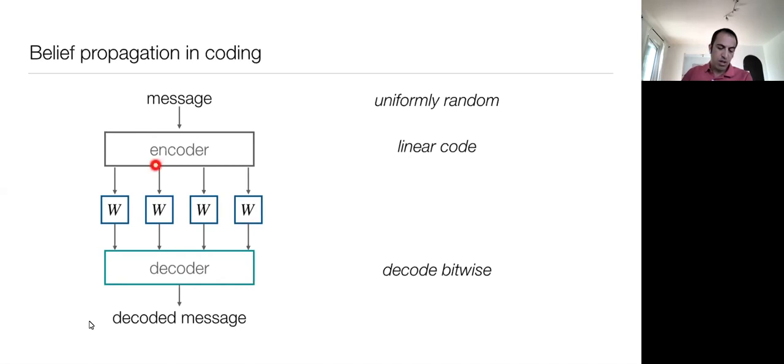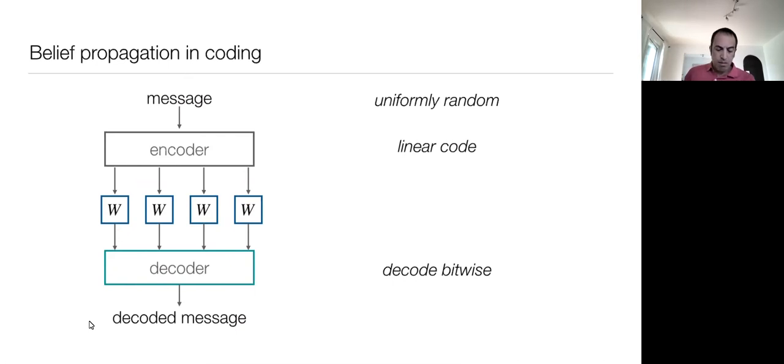So we have some encoding circuit or function that transforms the message into the code word of the error correcting code, and then there's the noisy channel, and the outputs of the noisy channel are fed into the decoder, which is supposed to produce the decoded message. This is the standard thing.